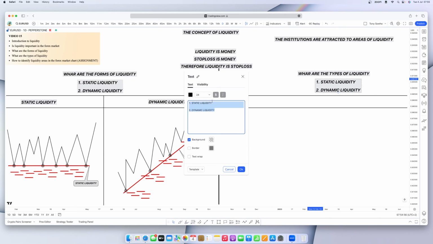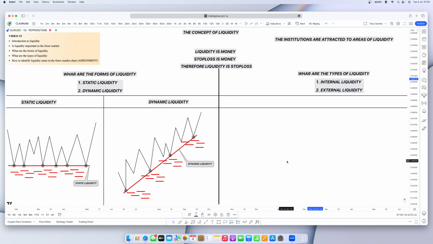Number one is the internal liquidity. And then number two is going to be external liquidity. See it now? We have the internal liquidity and we have the external liquidity. That's it.